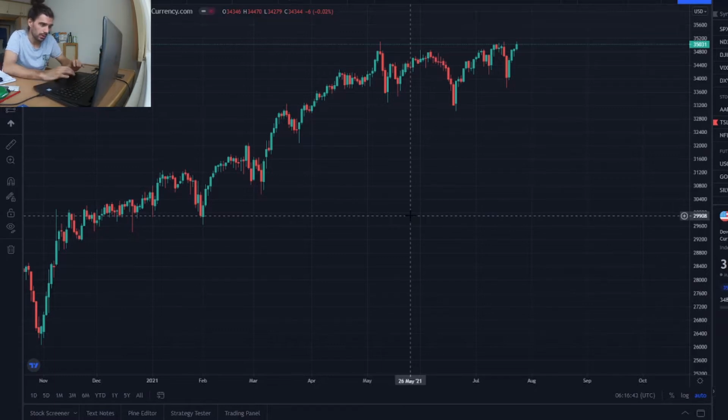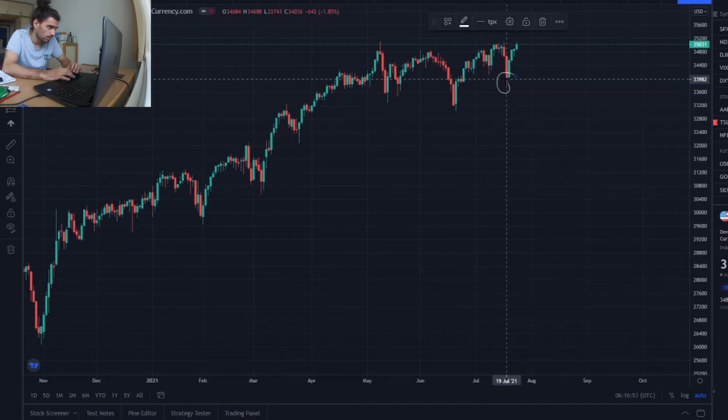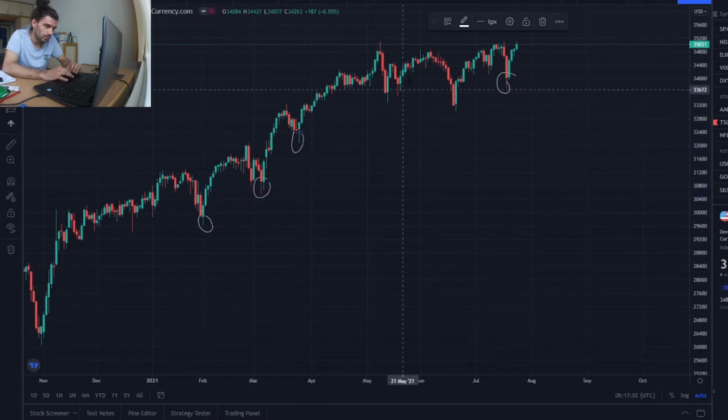In front of me again is the US 30, and right here we can see a dip. Those kinds of dips happen about once a month.